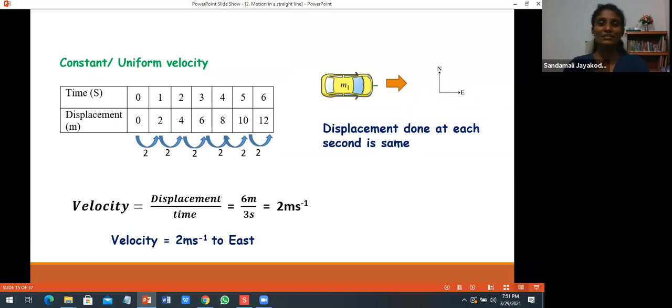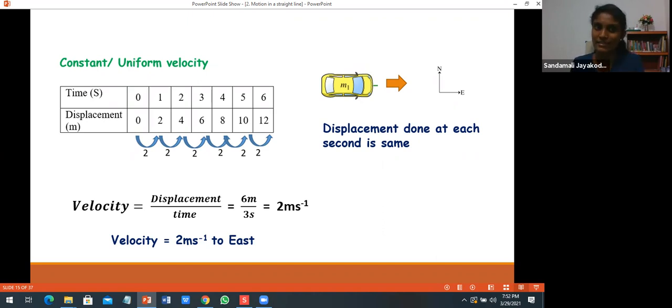I will tell you, then you can remember it like this. Constant or uniform velocity is the same displacement happening at each time interval. That means if we take 1 second, assume it is 2 meters, the displacement is 2 meters in the first second.